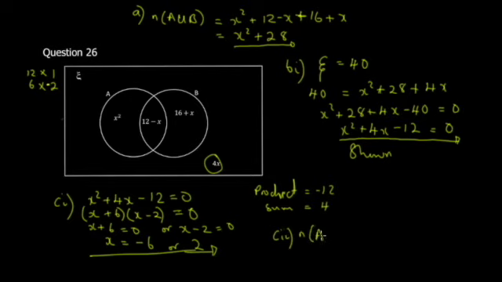The number of A complement intersection B, which is equal to A complement, which means the region outside of A. If you want, you can even show it. Let me show it. Let me use a blue pen here so that it's not very visible. A complement would be all this part. It means everything else except for the region in A. So even this part here, you shade it out.